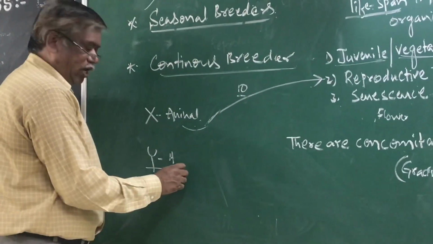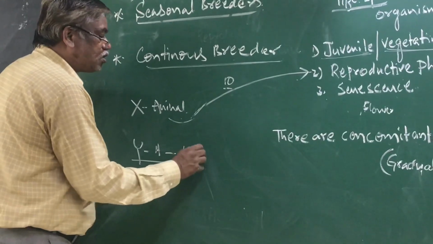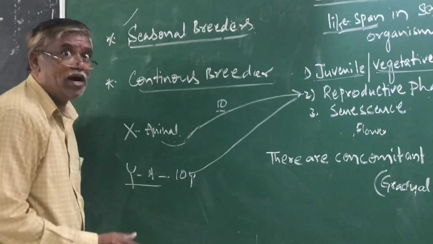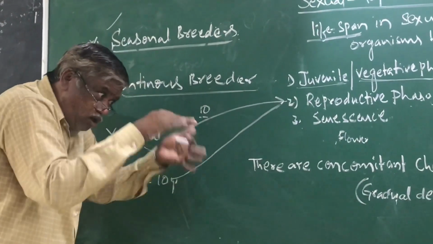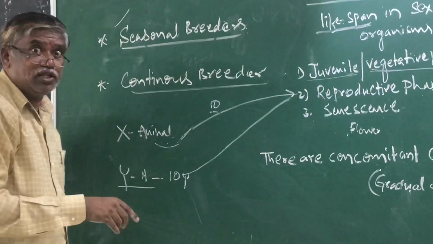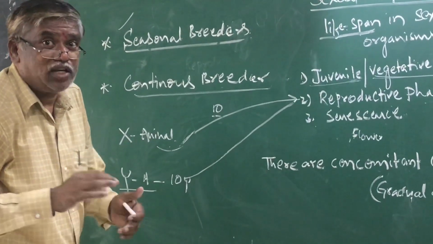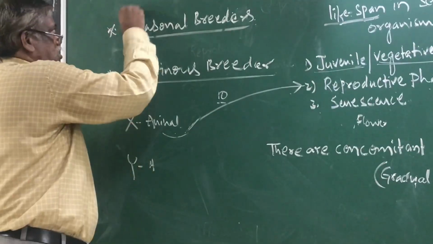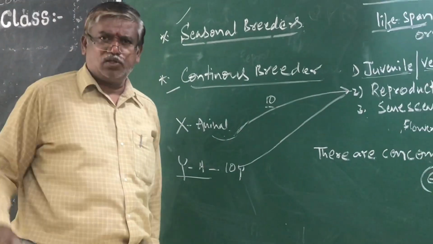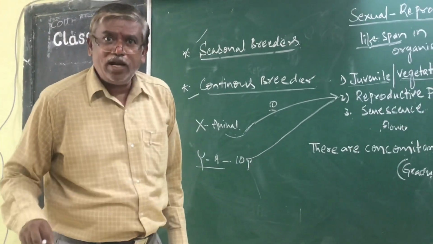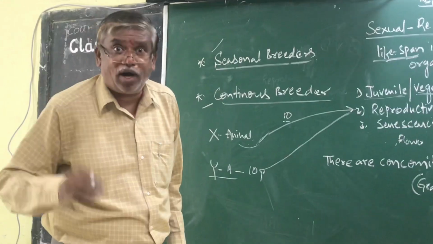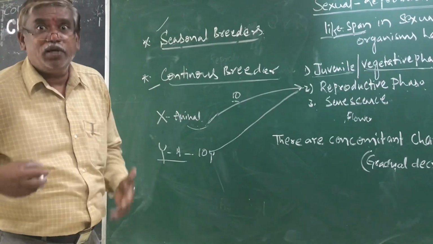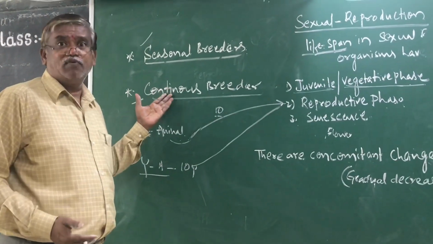Suppose animal Y also has a 10-year reproductive phase. But within these 10 years, it shows sexual activity only during favorable, seasonal periods. Such animals are called seasonal breeders. All wild animals and birds are examples of seasonal breeders. The human being is the best example of a continuous breeder.